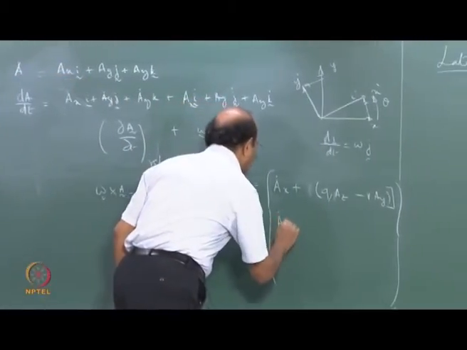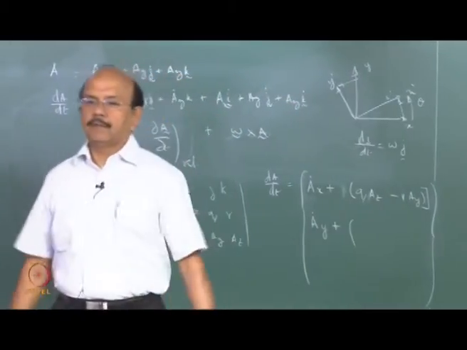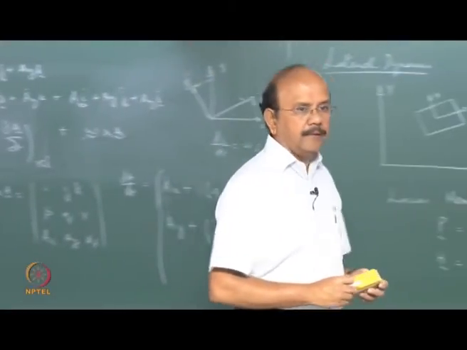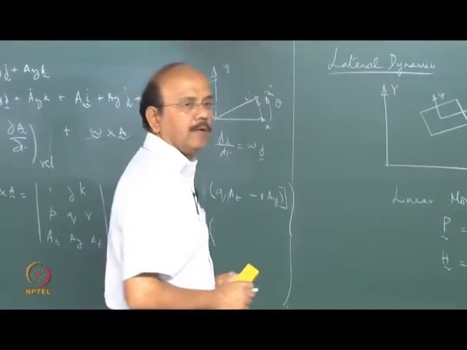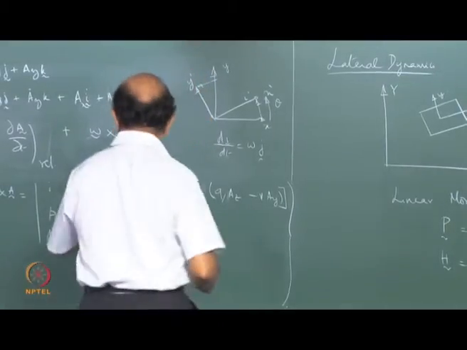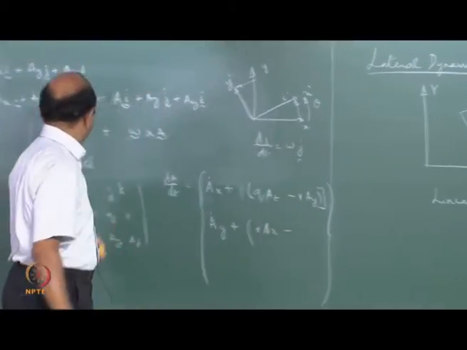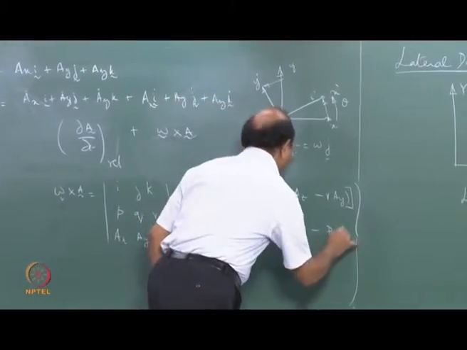Write down A dot y plus. What are the terms that are there? That is for the j term: r Ax minus p Az.